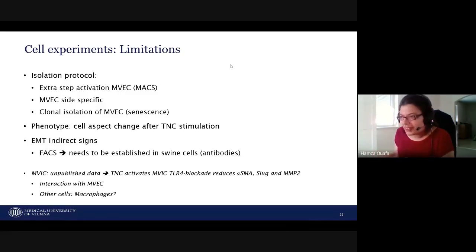But the problem is that since we are working with pigs, the antibodies are not that easy to find. It's easier to work with murine cells from mice, but for swine cells, we really need to establish this protocol and work a little bit with the antibodies.